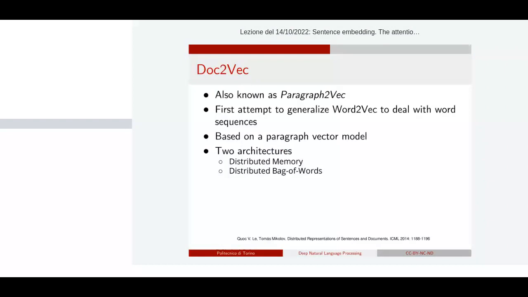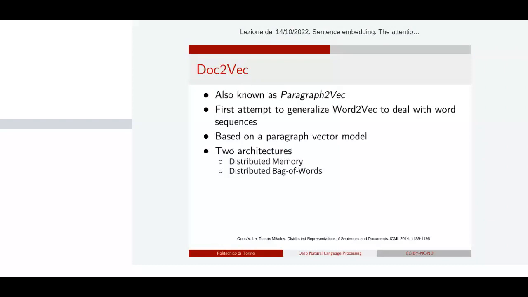The skipgram model, as an objective of the training process, is to predict the context words, given the target word. So the words that are immediately preceding or subsequent. Conversely, the CBOW architecture has the goal of predicting the target word, given the context. So the dual problem.